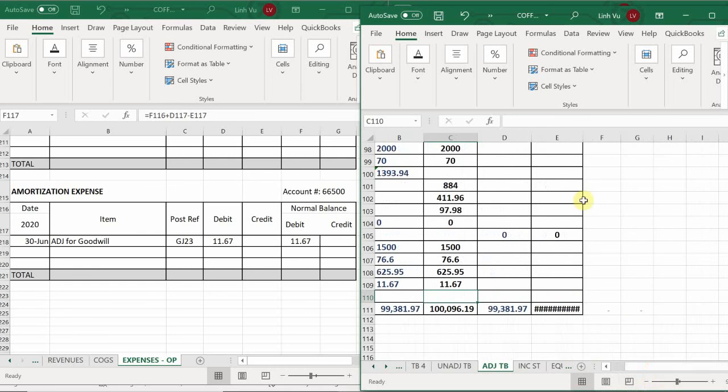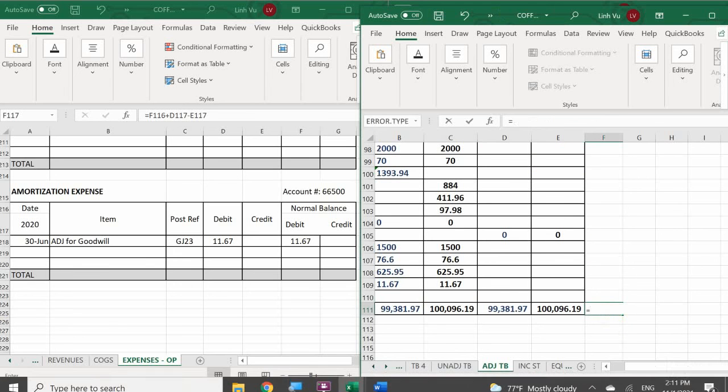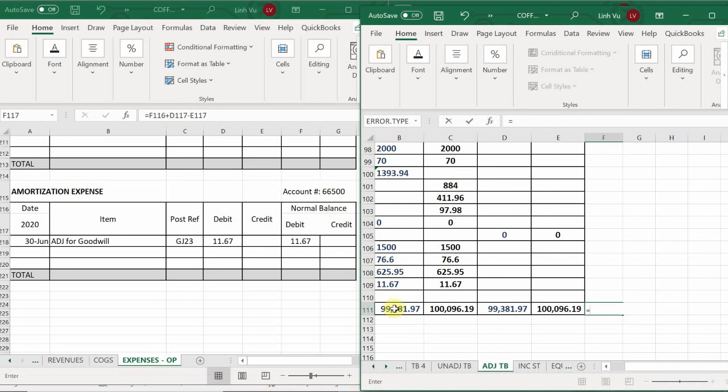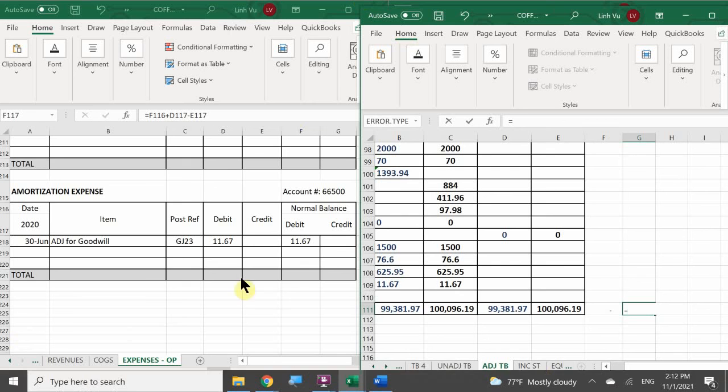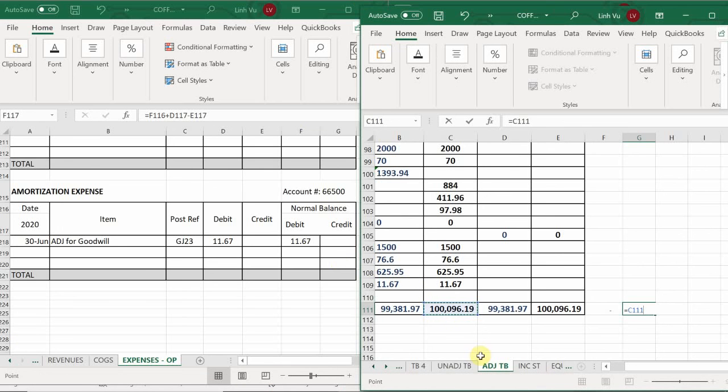So let's take a look at our totals. I ran my formula. Remember that my total debits on my main account minus my total credits for my main account should equal 0, which means we match on both ends. I also want to double confirm that the debits on all my accounts minus the credits on all my accounts is 0.